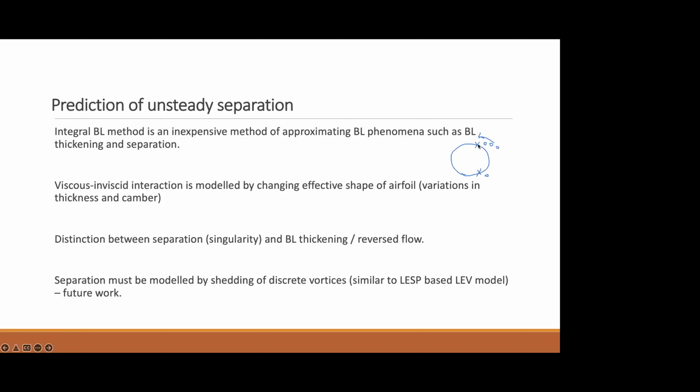Right now it's possible to integrate the equations beyond the singularity, but we are hoping that if we start shedding these discrete vortices and account for the effect and account for the external flow, then we'll be able to integrate the equations even past this and model the fully separated flow. Okay, I guess the flow can evolve by itself into a converged solution.